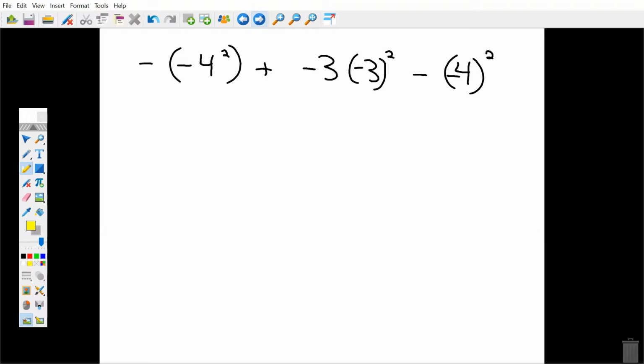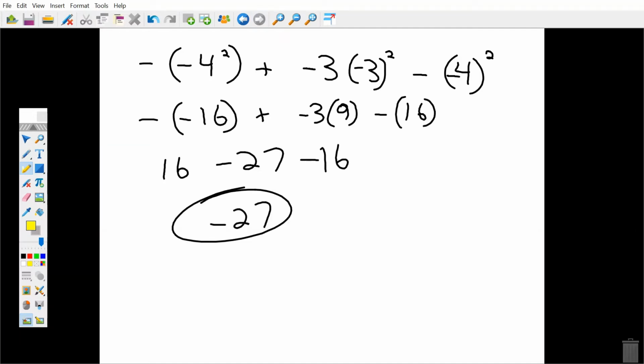Here we go. Negative times negative 4 squared plus negative 3 times negative 3 squared minus negative 4 squared. Please pause and try now. The answer is negative 27. Here we have a negative 16 times negative 1 to be positive 16.